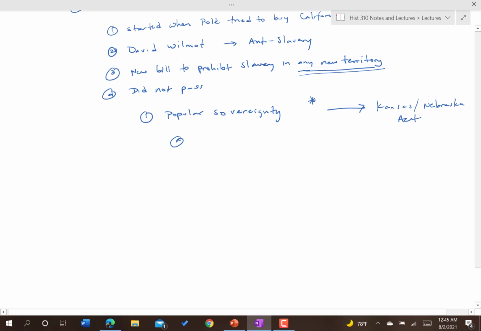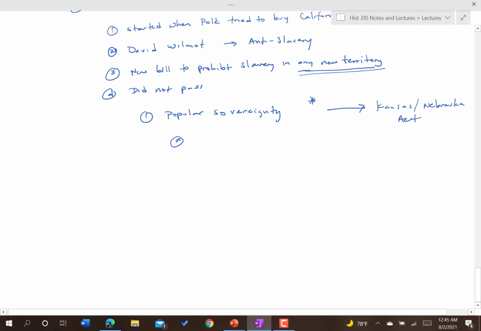Of course, the main popular one for abolitionist anti-slavery groups was more like the Wilmot Proviso of no more expansion of slavery. All new territories and states had to be free. And of course, for the South, it would have been everything can be slave.